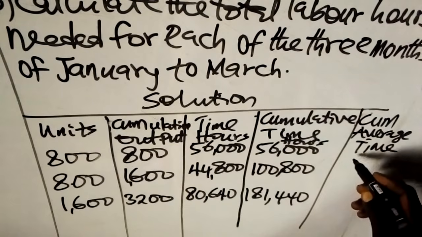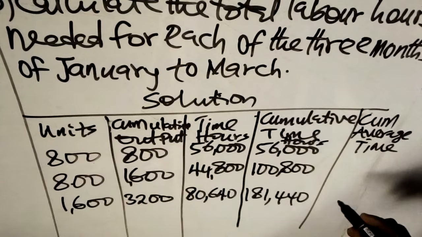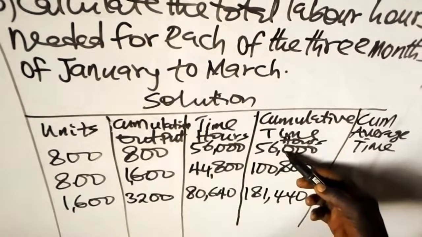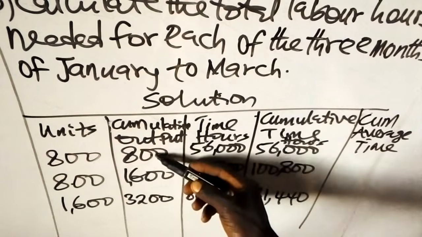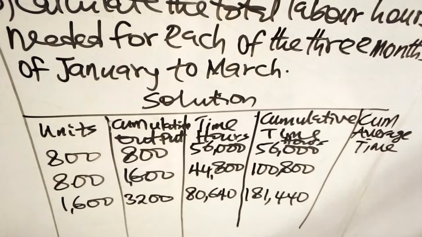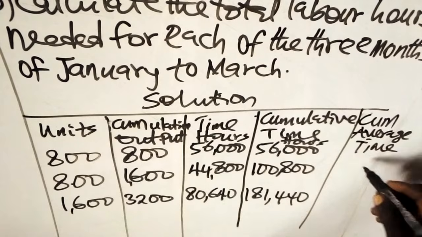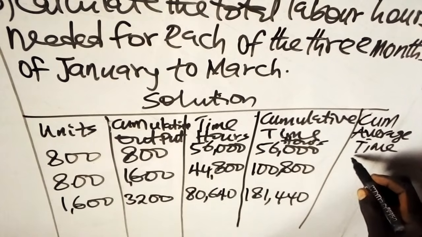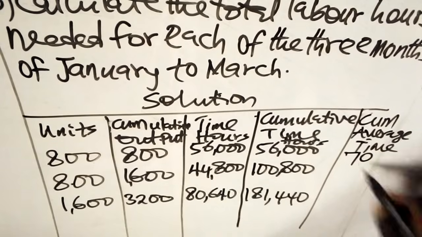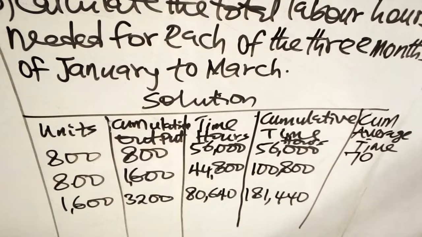So the first one, when you find the average, 56,000 divided by the cumulative output of 800, then you have 70 naira. The cumulative average for the first one is 70.